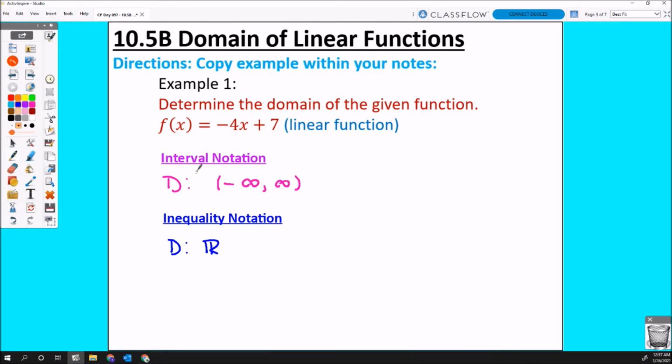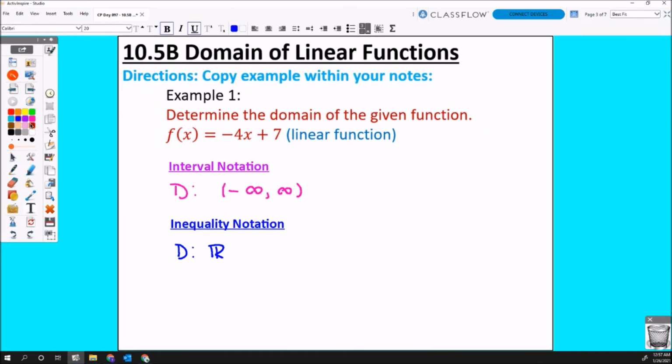Now, the last notation I mentioned is the set builder. A set builder is very similar to inequality notation. It will use the inequality symbols.